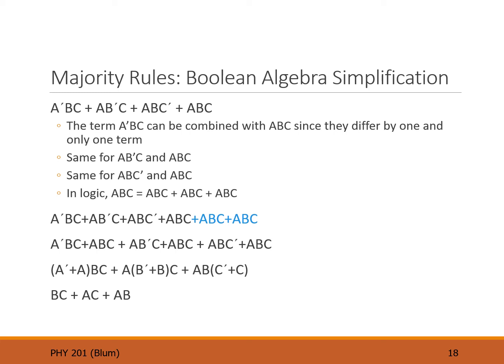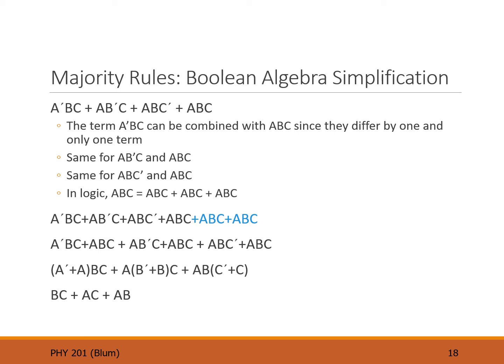If I try to match up the first term and the third term, A prime B C plus A B C prime, I see that the A changed and the C changed, so it does not have a simplification with the third term. But A prime B C and the fourth term A B C are different only by the A prime, so that will lead to some simplification.